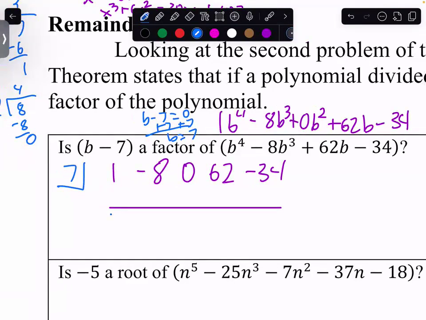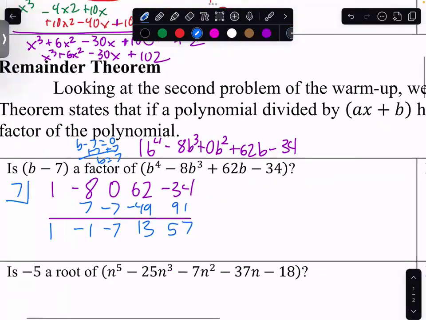1 plus nothing is 1, times 7 is 7, plus -8 is -1, times 7 is -7, plus 0 is -7, times 7 is -49, plus 62 is 13, times 7 is 91, plus -34 is 57. Okay, so we do have a remainder, right?